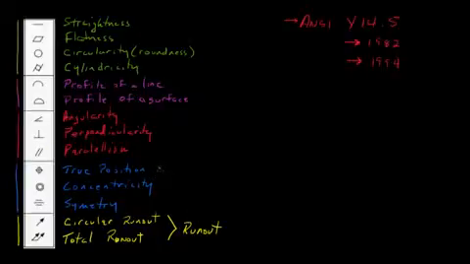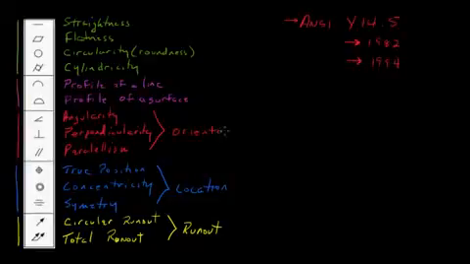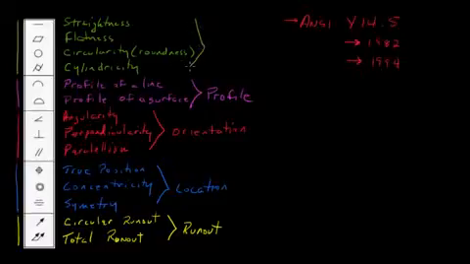These three are tolerances of location. These three are tolerances of orientation. These two are tolerances of profile. And the first four are what we call tolerances of form.